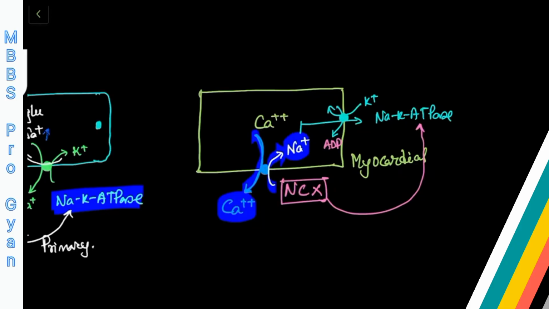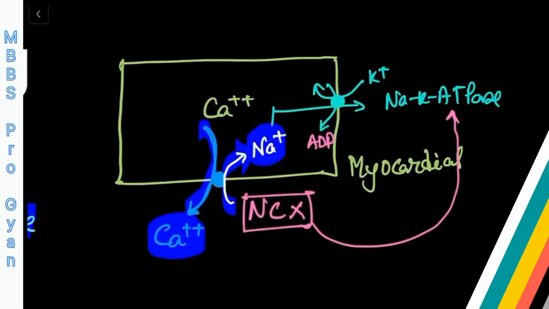Again, you are finding out the same thing. Although the NCX is an antiporter, the antiporter is again dependent on the sodium potassium ATPase pump. And what I told you already, that if you block this sodium potassium ATPase pump by giving Ouabain or digitalis type of drugs, right?